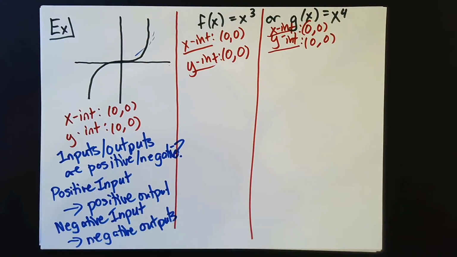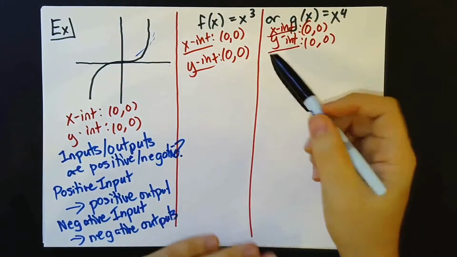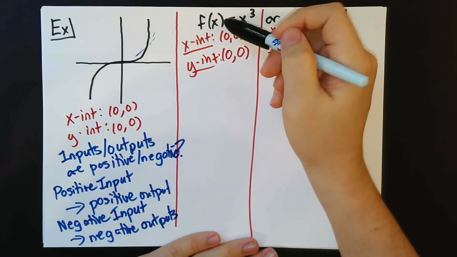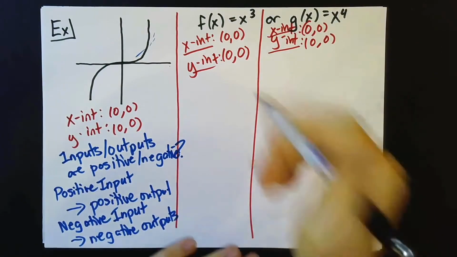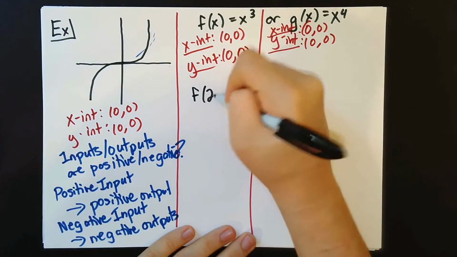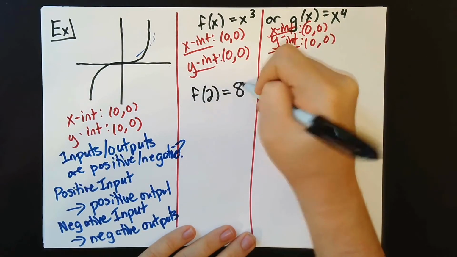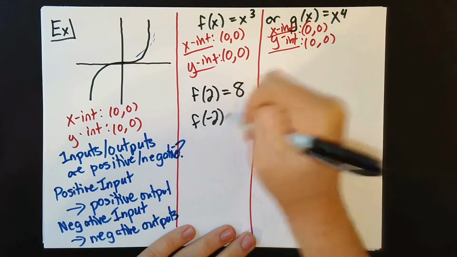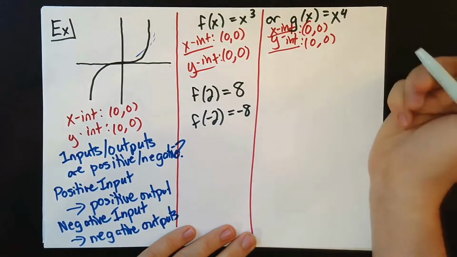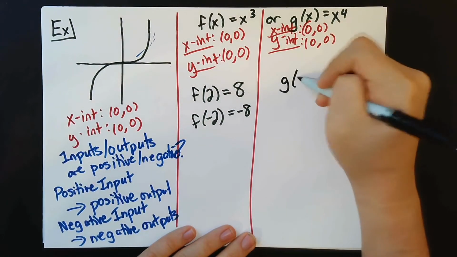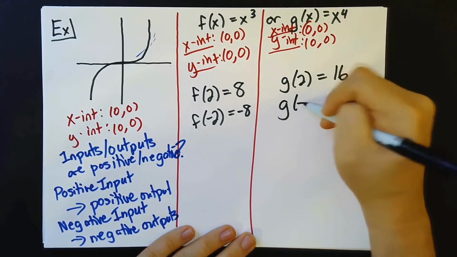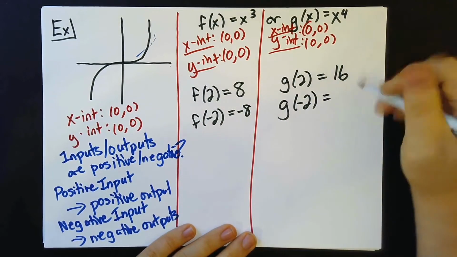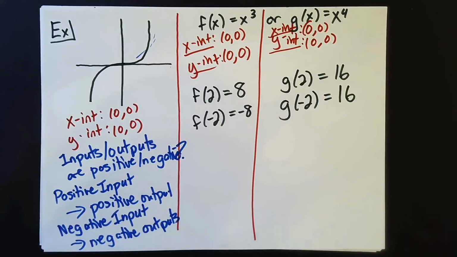Okay, so how are we going to sort this out? Well, what I recommend is to just try a positive input and a negative input for each function. So f(2) is 8. f(-2) is -8. g(2) is 16. g(-2) is 16.